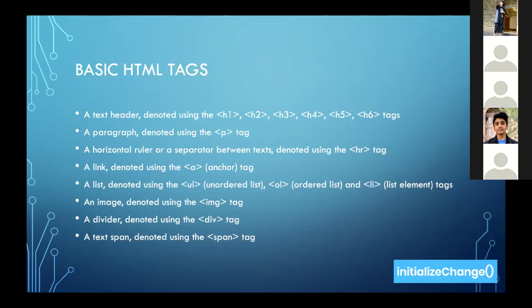The image tag is a single tag, not an opening and closing tag. This is the way we can incorporate images into our website. For the image tag, there's also going to be a source attribute in which you can add specific types of images and whatnot. And then finally, there's also the divider and the text span that's useful for creating space and divisions between parts of your website.